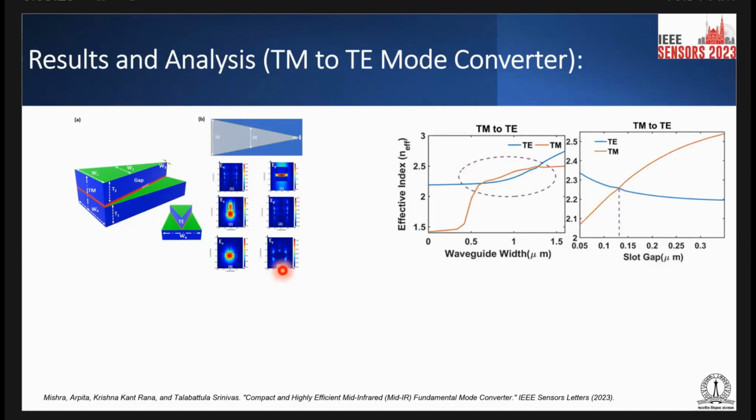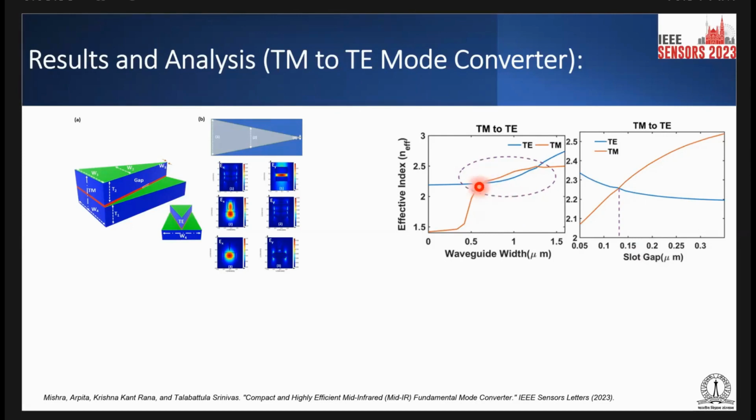We have done simulations like effective index versus waveguide width, and effective index versus slot gap. Here you can see that the effective indices of TE and TM are in a similar range, around 0.5 to 1.5 width.